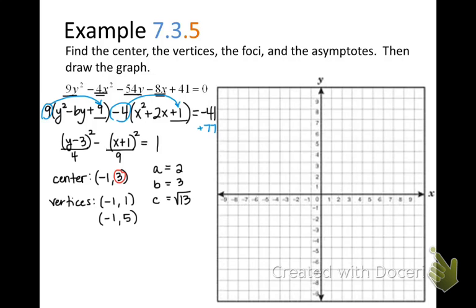So those are my 2 vertices. How about my foci? -1, and then I'm at 3, and I can write this one as just a plus and minus square root of 13. Since I can't simplify that anyway, I can just write it as one big old thing.